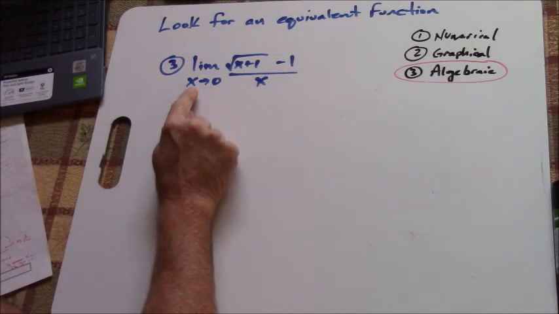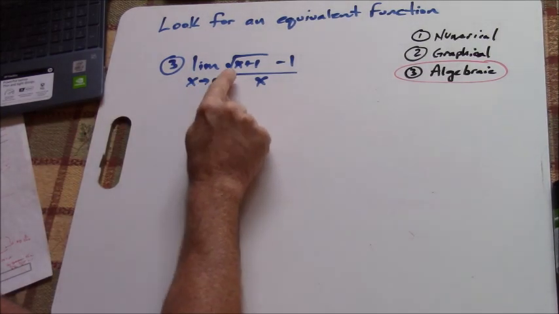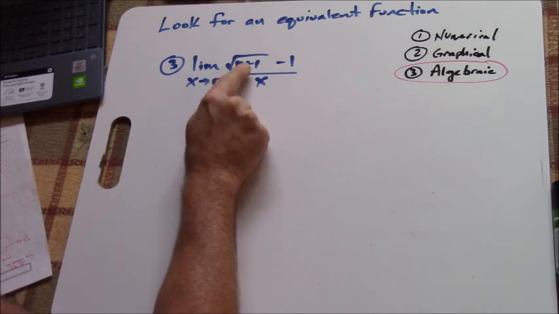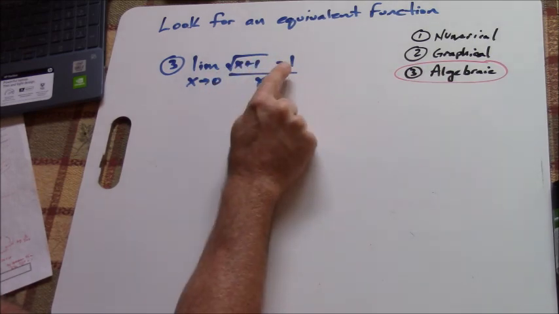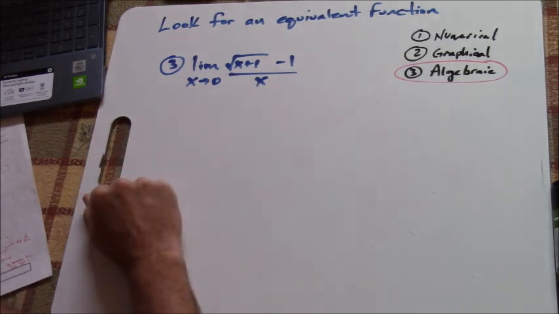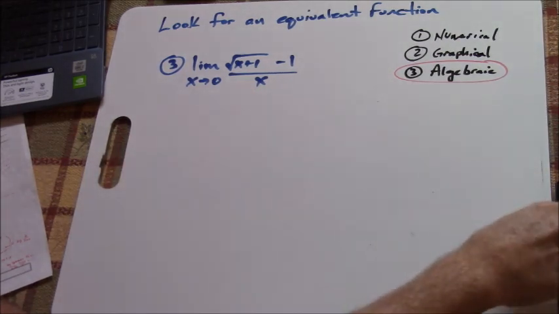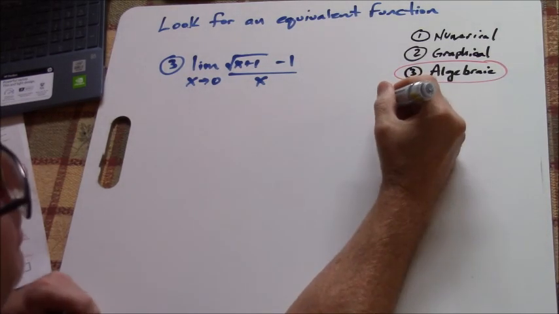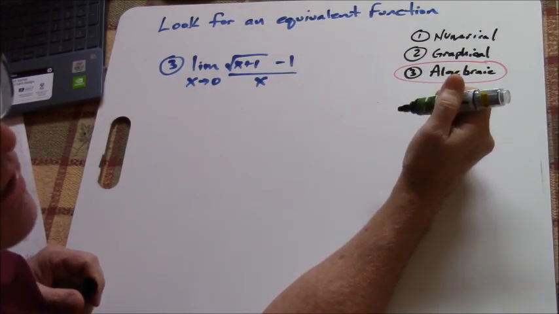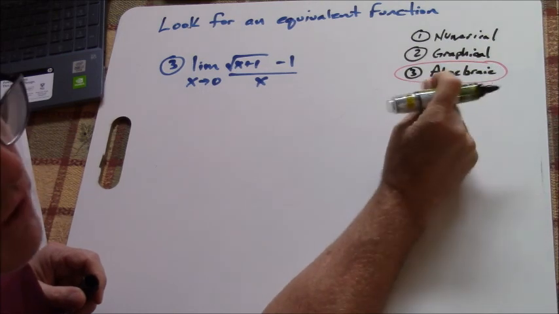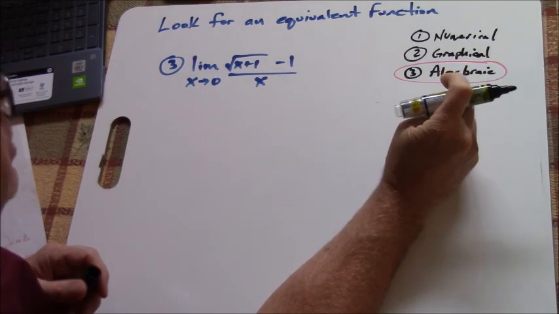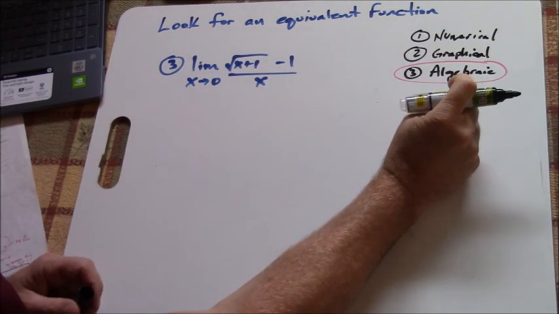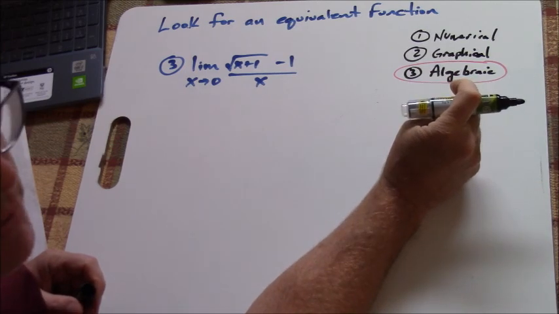So it says here the limit as x approaches 0 of the square root of x plus 1 minus 1 all over x. So the strategy that we want to use here is, you guys remember last year, well, for years now, if you have a square root in the denominator, we usually say that's not okay. We have to rationalize the denominator.